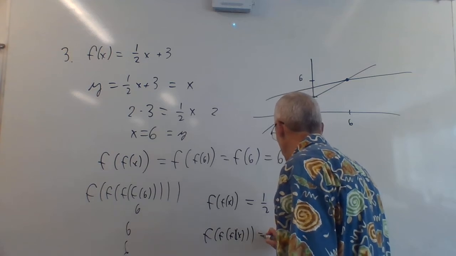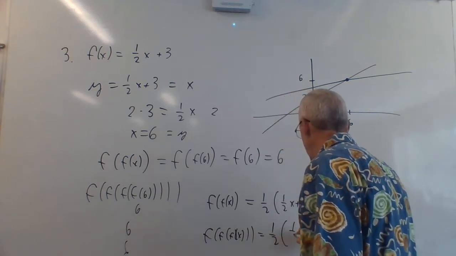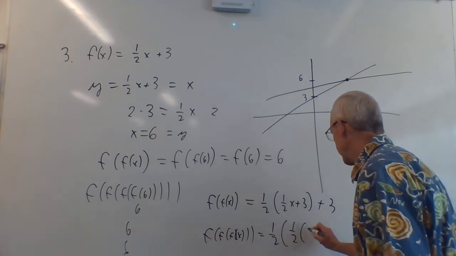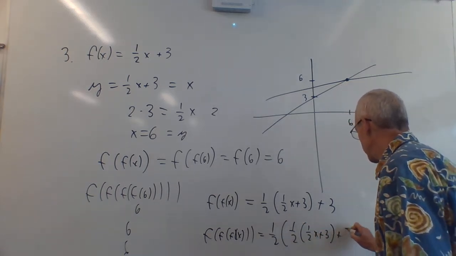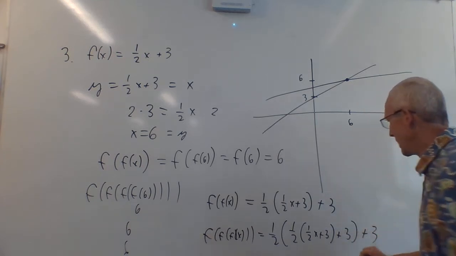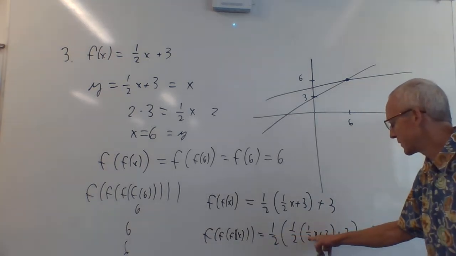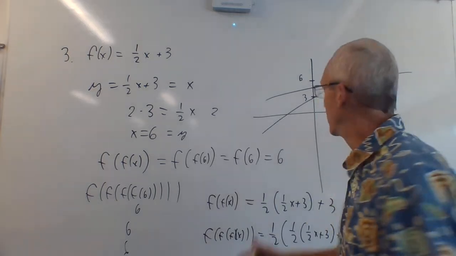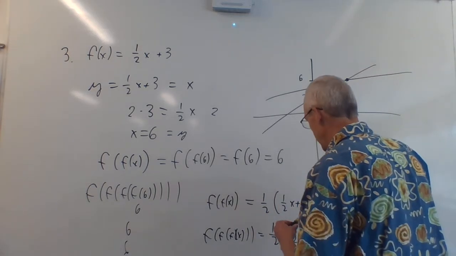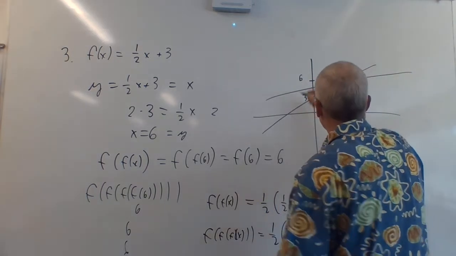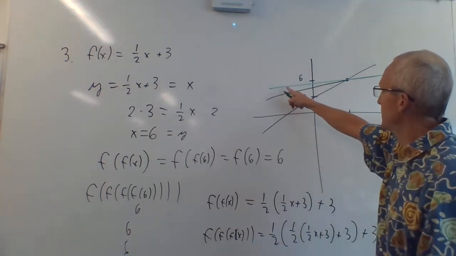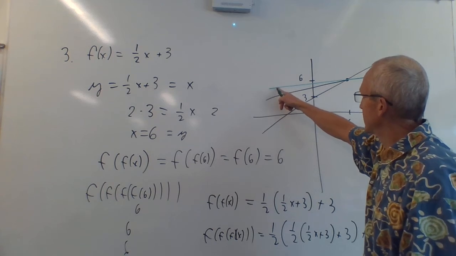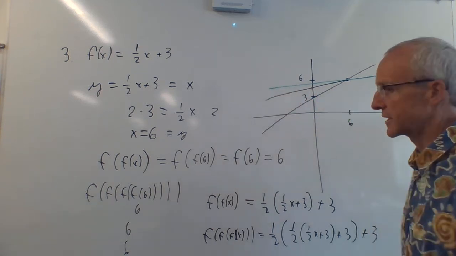So we have the original 1/2 times 1/2 times (1/2 x plus 3) plus 3 plus 3. We have 1/2 times 1/2 times 1/2, so 1/8 the slope. Again, this slope gets cut in half. The next one is going to look even less steep, but it's got to go through 6. Every time you do it, the slope is cut in half. It's less and less steep. It's going to go closer and closer to 0.